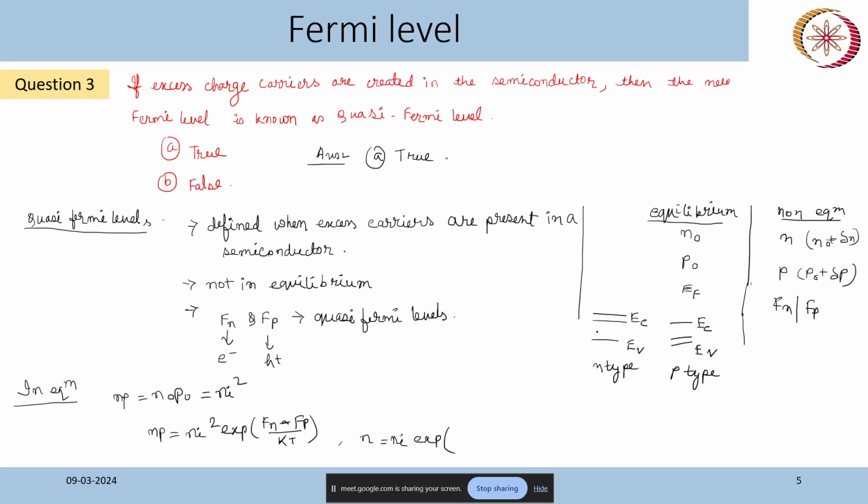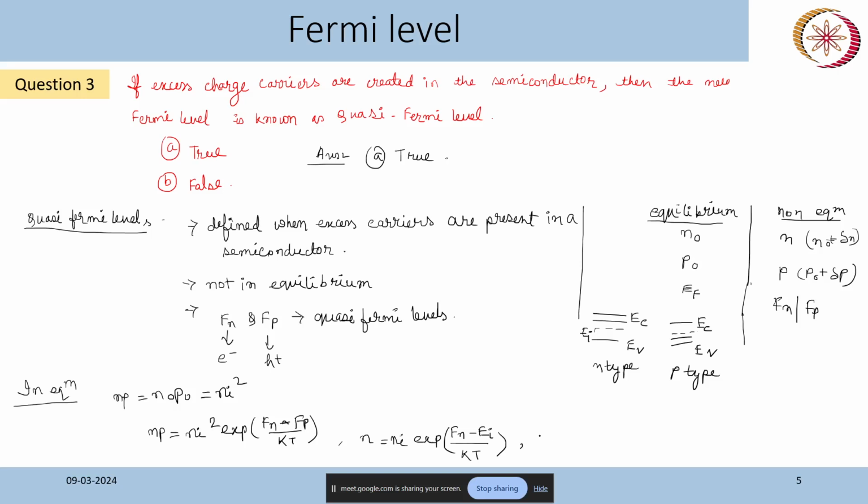EI is the intrinsic level, which is approximately in the middle of the band gap, at equal distance from EC and EV. For the non-equilibrium system, instead of EF we write Fn minus EI by kT.